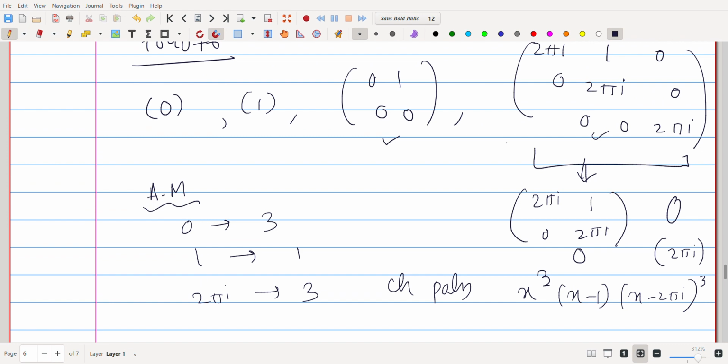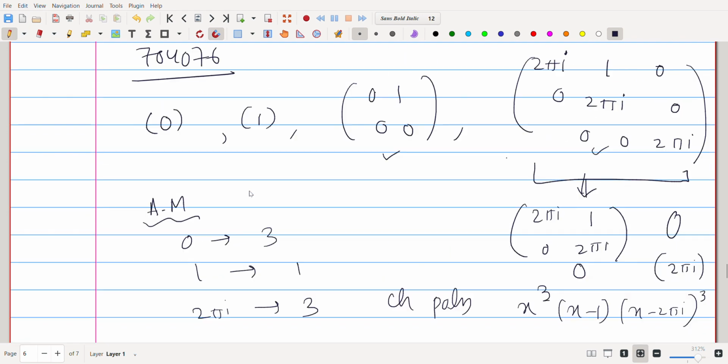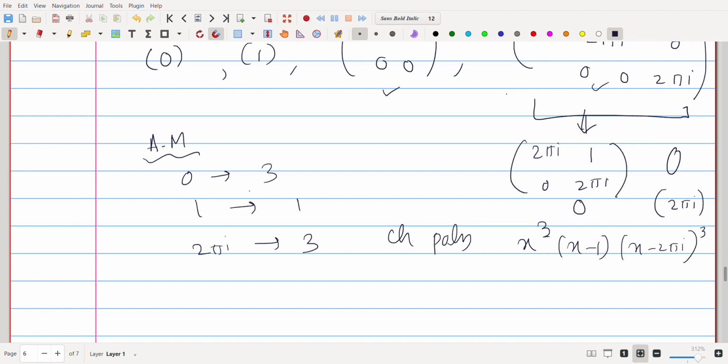Now, this is already in the Jordan canonical form. What about the Jordan blocks?